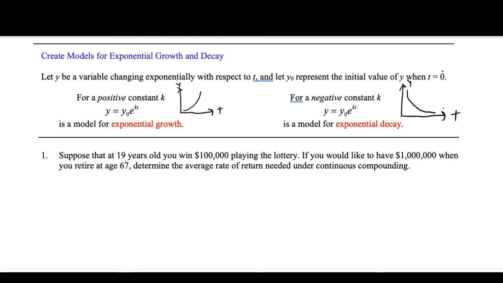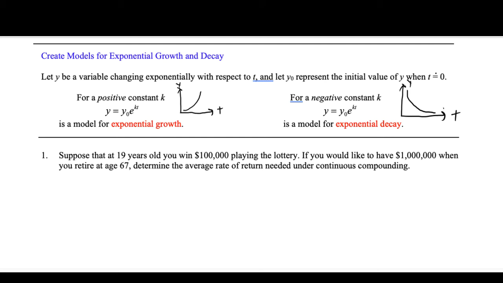A typical example of exponential decay would be radioactive elements. They decay exponentially, which means over time the quantity decreases, but the rate of decay also slows down. Often it's measured in half-life: how much time does it take for exactly half of the quantity to go away, and then half again, and so on.